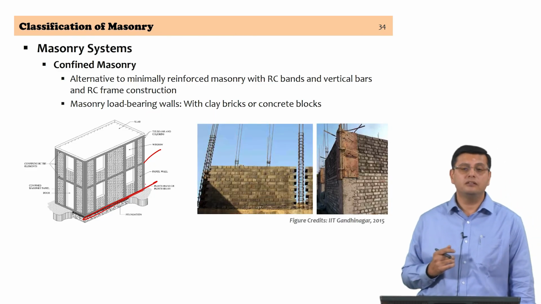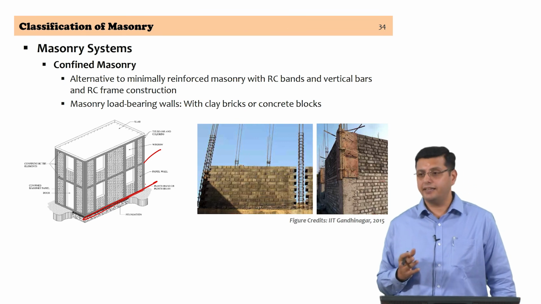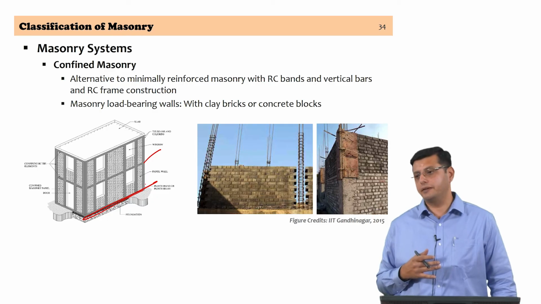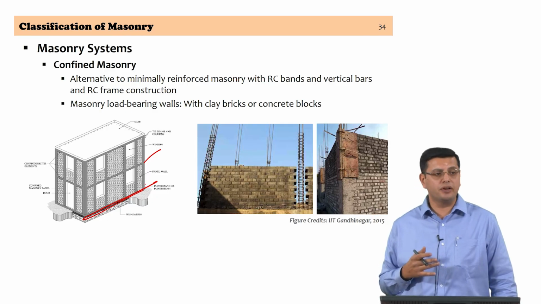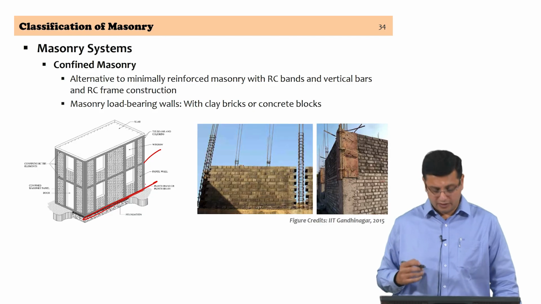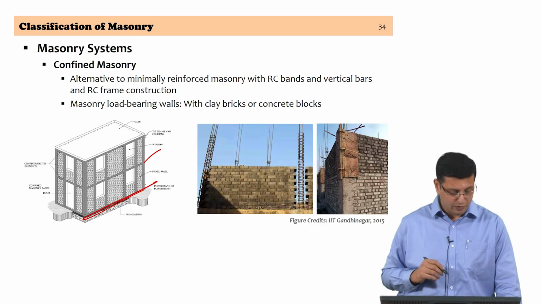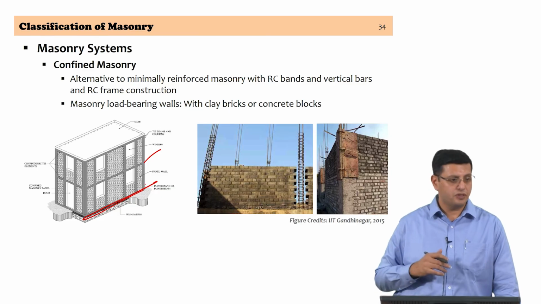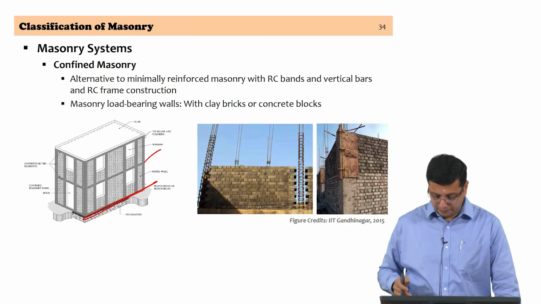In fact, the IIT Gandhinagar campus has almost all the residential buildings, 2 and 3 storied residential buildings, hostels and faculty blocks and staff housing constructed using confined masonry, and we will be examining confined masonry as a typology for structural design and detailing.